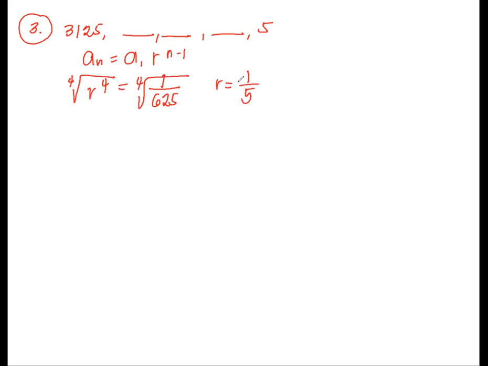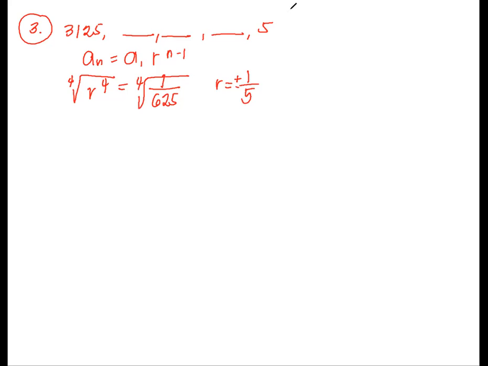But what is the true value of r? It's not just 1 over 5, but it's positive and negative 1 over 5. In that case, the middle terms can be positive and negative also.